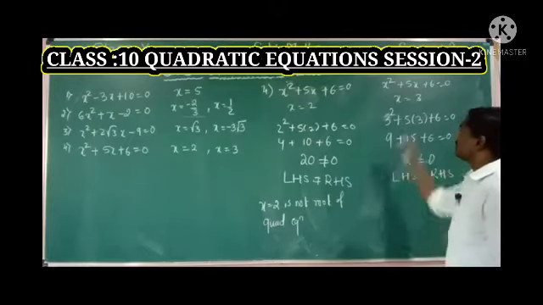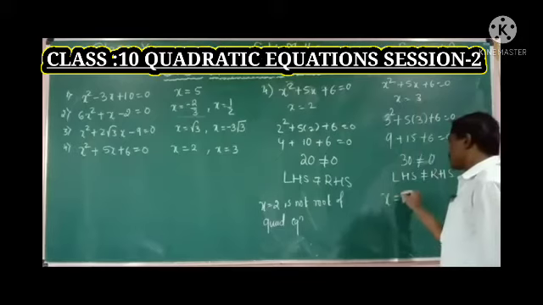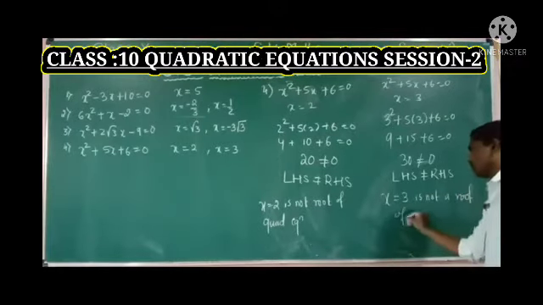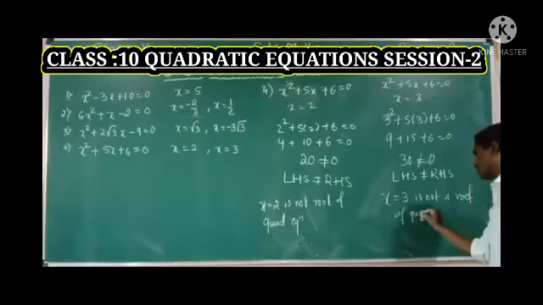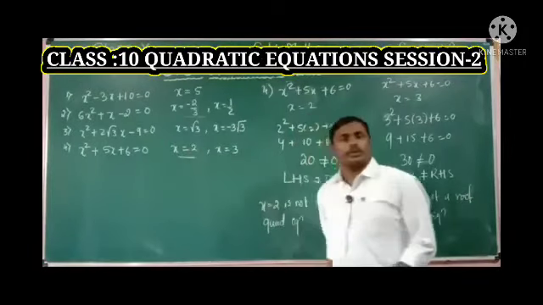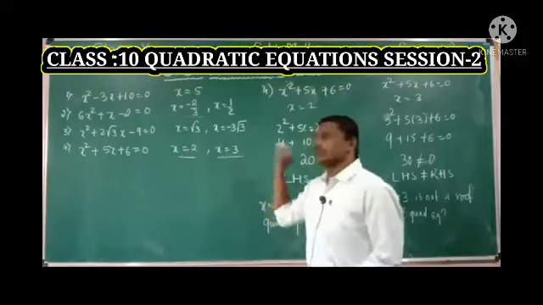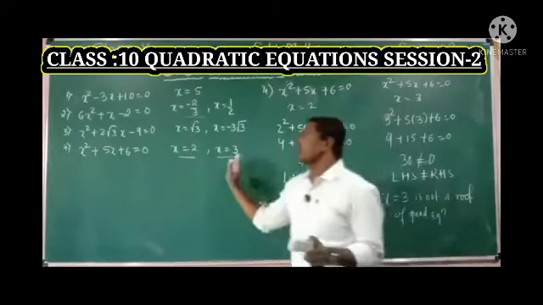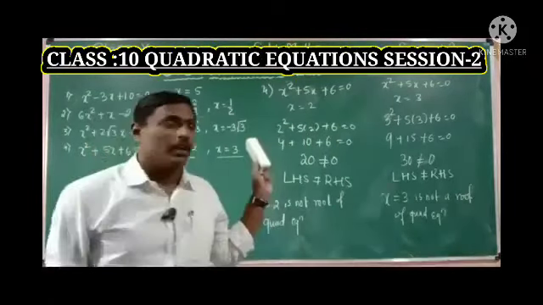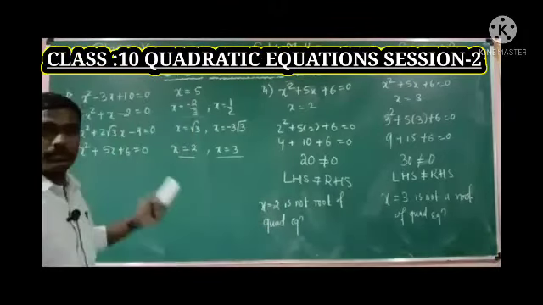It means the second root, x is equal to 3, is also not a root of the quadratic equation. So x is equal to 2 and x is equal to 3 do not form the quadratic equation x square plus 5x plus 6.